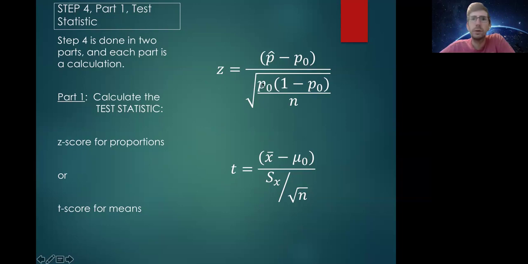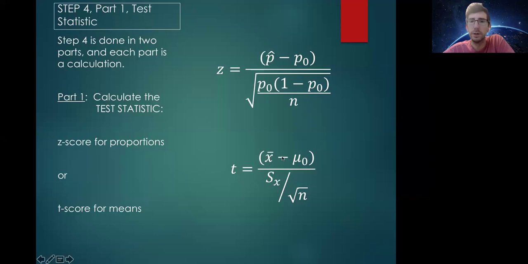So throughout this formula, this is just to remind us that this value is going to be the population proportion from the null hypothesis. So we're going to take the statistic, right? And we're going to compare that to what we're assuming in our null hypothesis. And that's true for the proportion and the t test statistic down here.